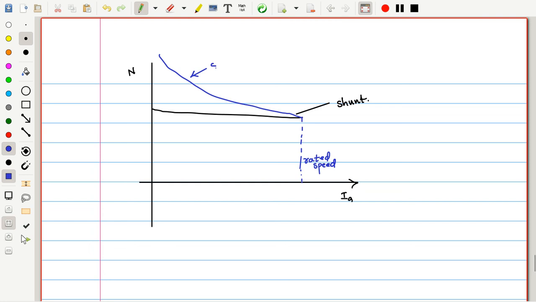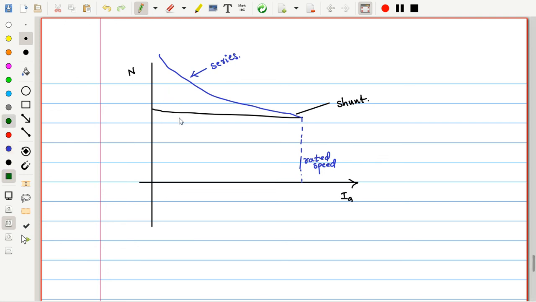This is the series machine. Why? Because speed n is inversely proportional to the square of the current, some such relation. Now let us put the cumulative and differential compound machine speed versus current characteristics.